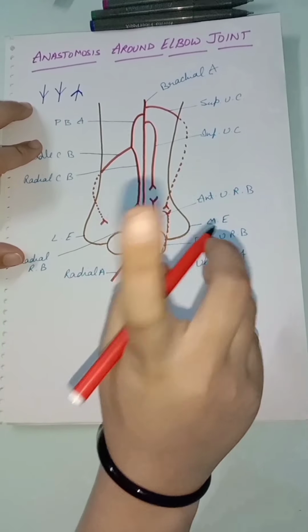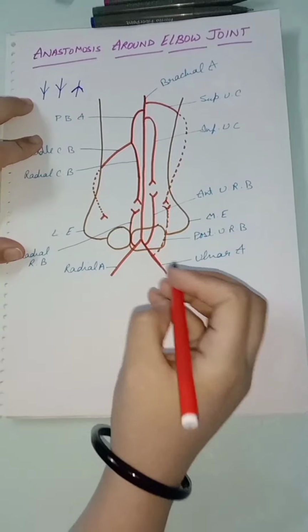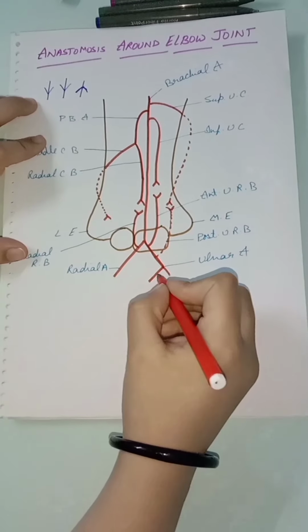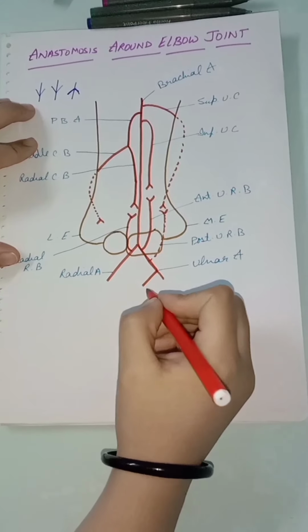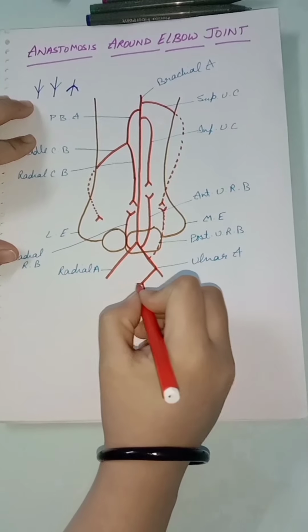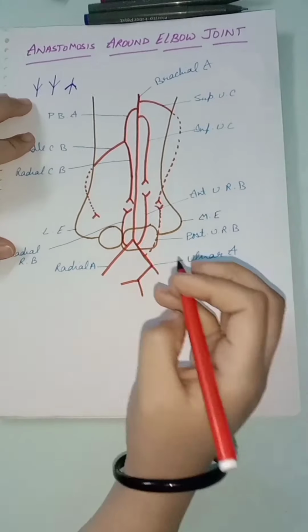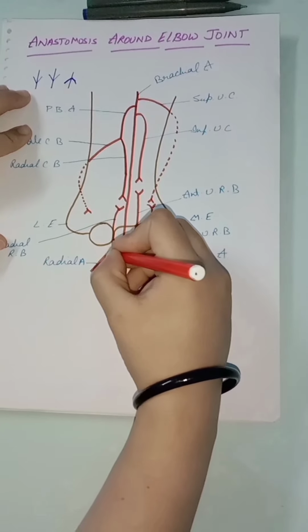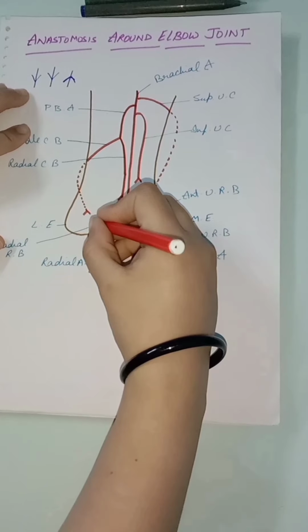is not a direct branch of the ulnar artery. Actually, the ulnar artery gives a branch which is known as the common interosseous artery, divided into two parts, the anterior interosseous and the posterior interosseous. This posterior interosseous artery gives a branch, the interosseous recurrent artery.